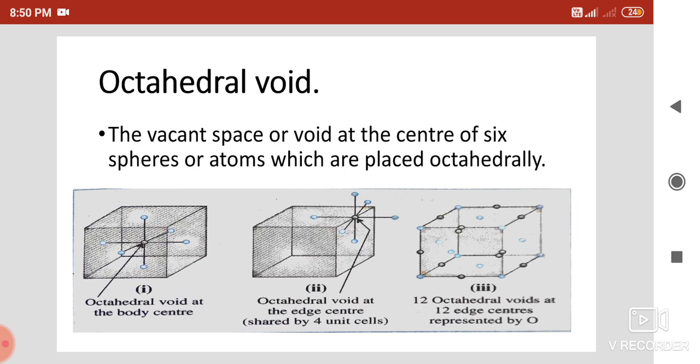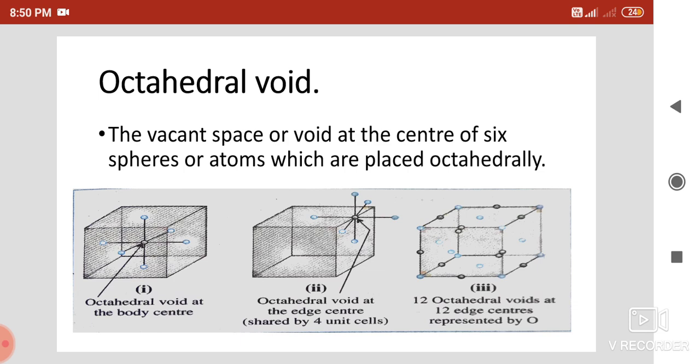The unit cell has 12 edges, so we get 12 centers at the edges and 12 voids on the edges. That means one void at the body center and 12 voids at the centers of the 12 edges.